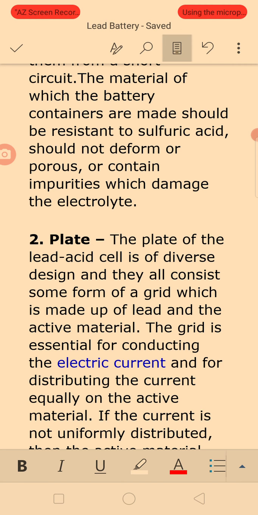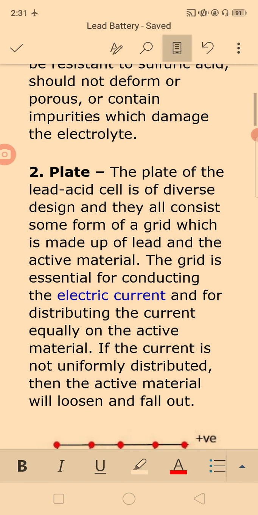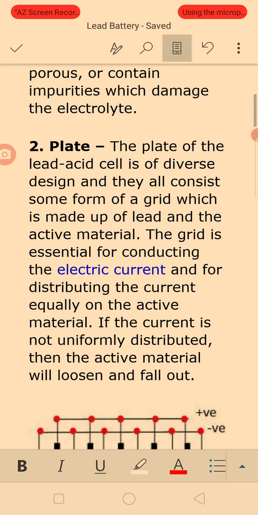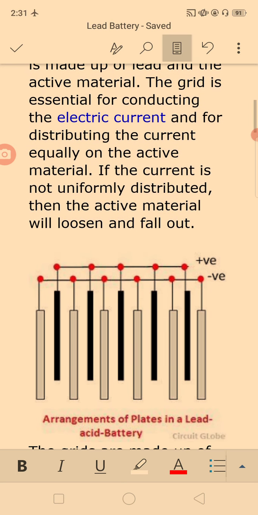The plates disperse electric current and act as active material, as shown in the diagram. The 6 black plates are of lead, and the gray plates connected in series are of PbO2.